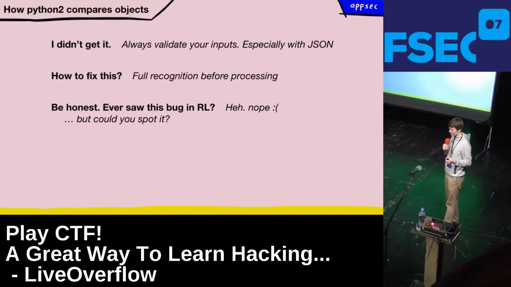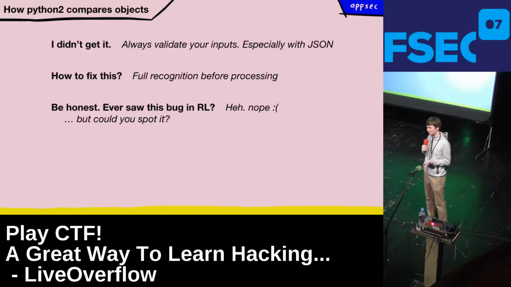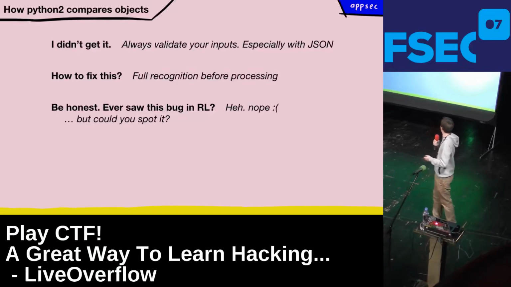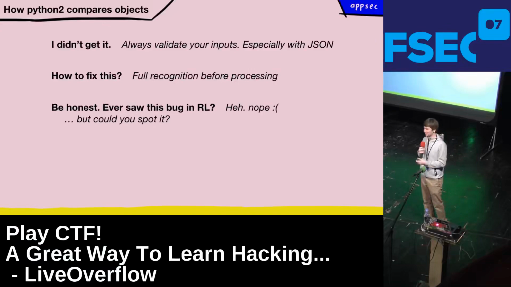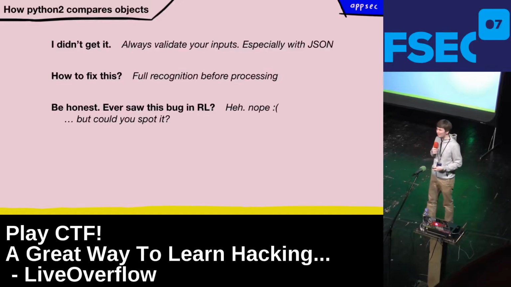And so the story is just here, make sure, check everything before you process it. And also I want to be honest, have I ever seen this in real life in an application? I have to be honest and say, no. In every Python website or code that I get to audit, I specifically look for these type confusion kind of things, and I've never seen it.